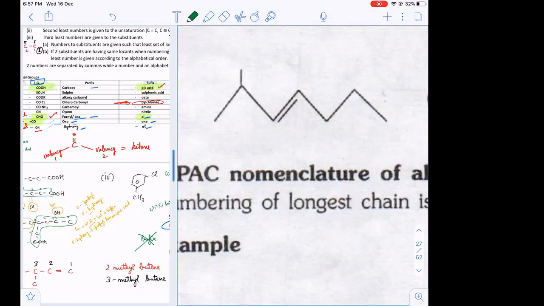Sir, we should tell the IUPAC nomenclature. Yes, please. Sir, isn't it the same as the previous one? Okay, so please tell me its name. One second, sir. Oh, it's not the same. Sir, parent chain is 7.